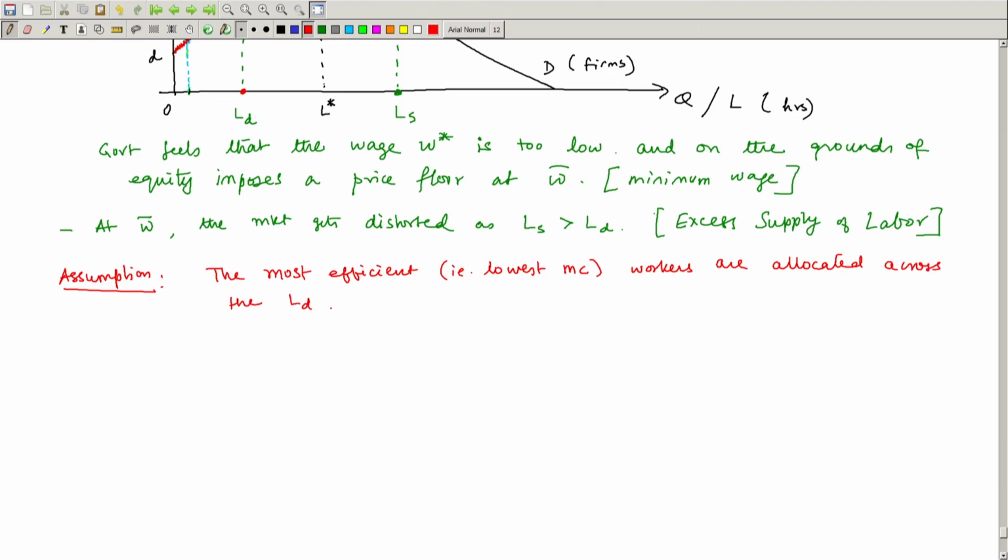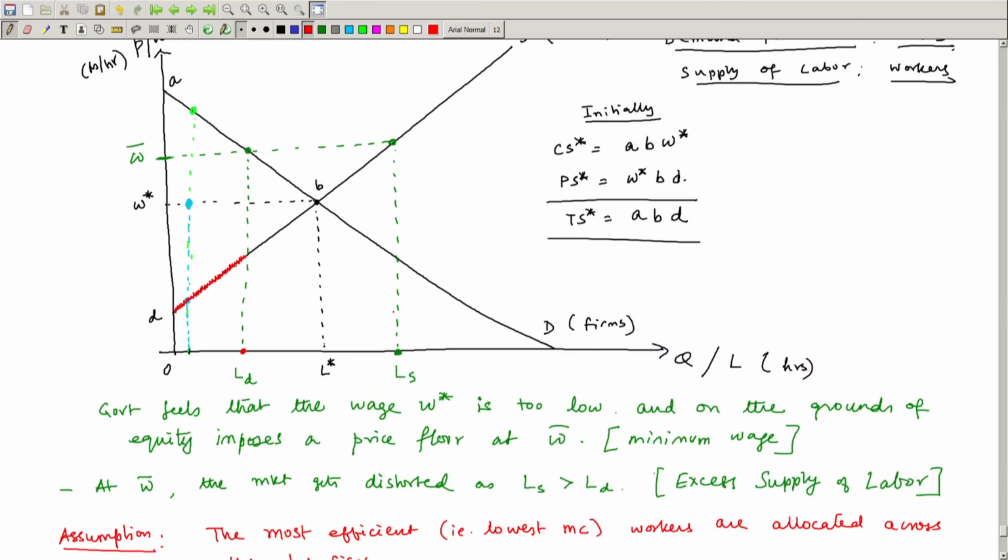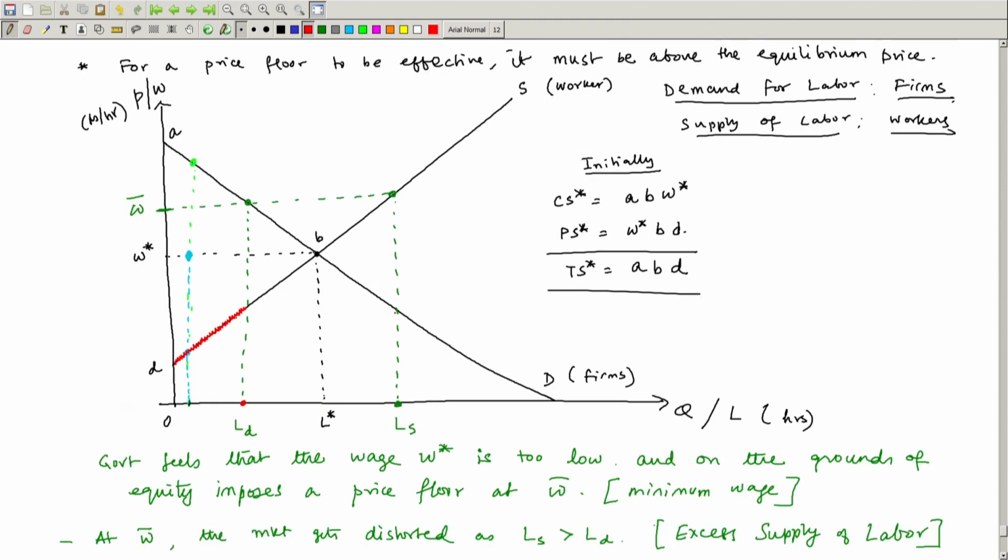the LD firms. Now, I am sure you are rightfully wondering, well, how does the regulator know what is the marginal cost of each labor hour, right? How does the regulator also know the efficiency of each worker? People may also distort, right? So, somebody who is inefficient may claim that he or she is efficient. Now, these are absolutely valid questions, but in our case we are looking at a full information scenario.